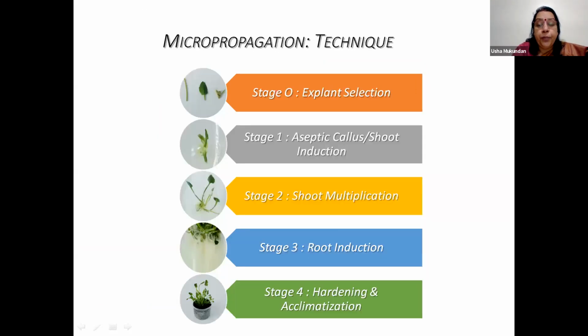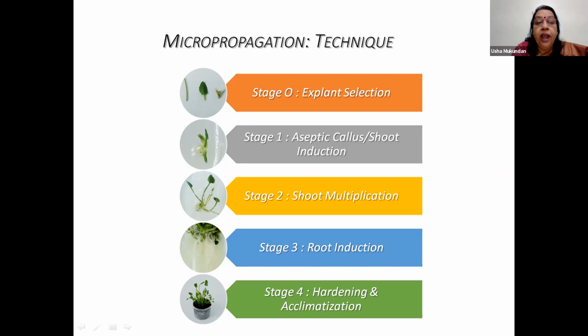Now in any micropropagation technique, there are 4 or 5 stages. So stage 0 is your selection of the explant. Now what do you mean by selection of explant? Your starting material is very important. Suppose your starting material is a field grown plant, then that plant material should be healthy.